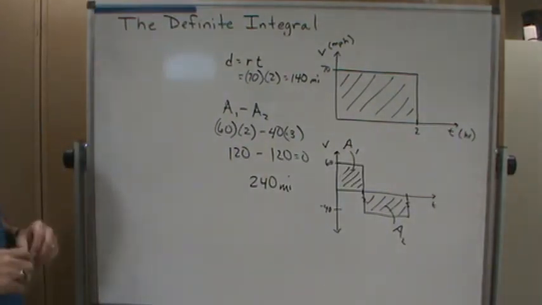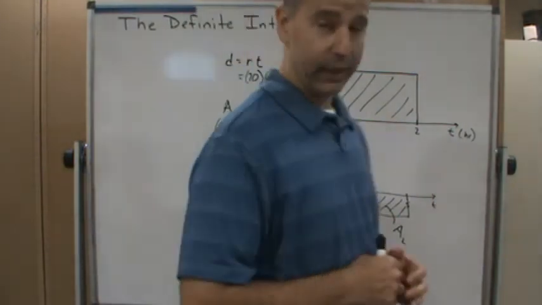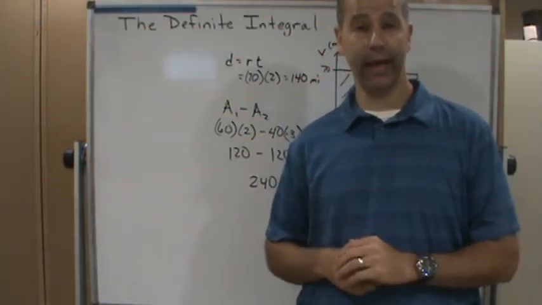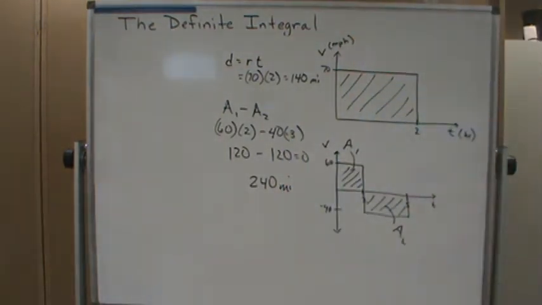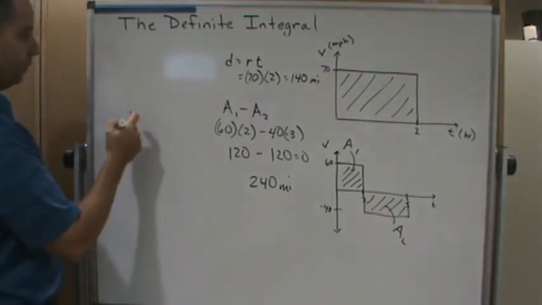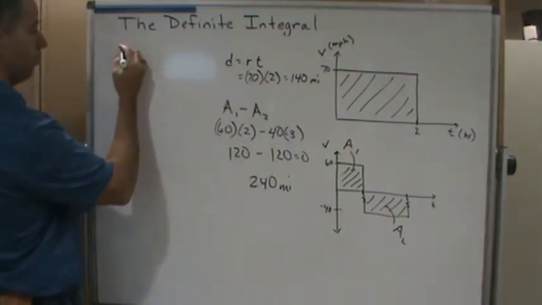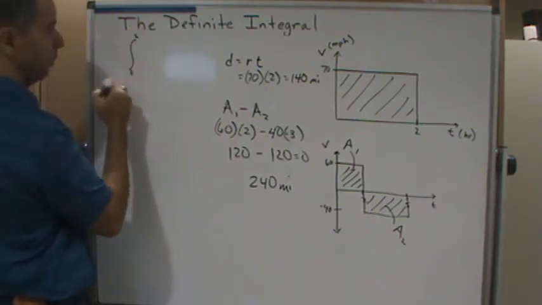And so now we have another quantity that we can talk about and figure out. If we look at the formula, let's go back to the first example. We would write this as the integral from 0 to 2 of what?